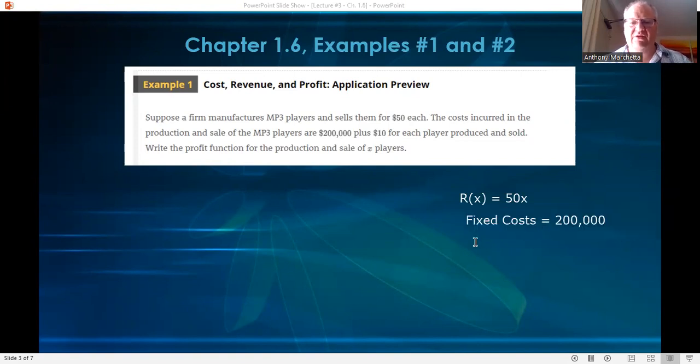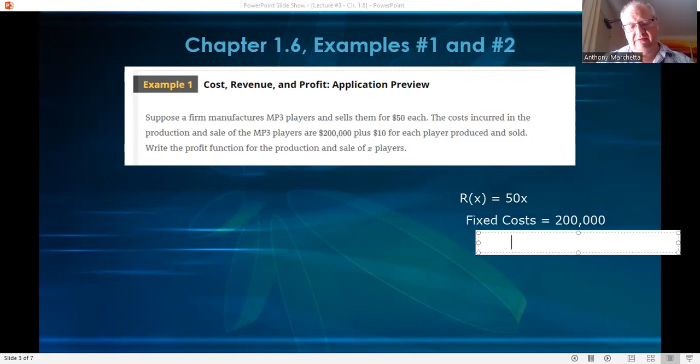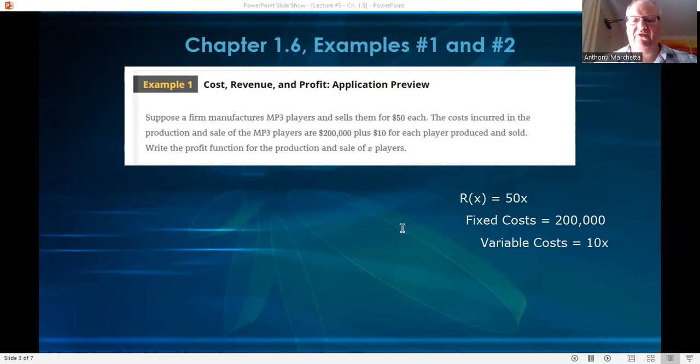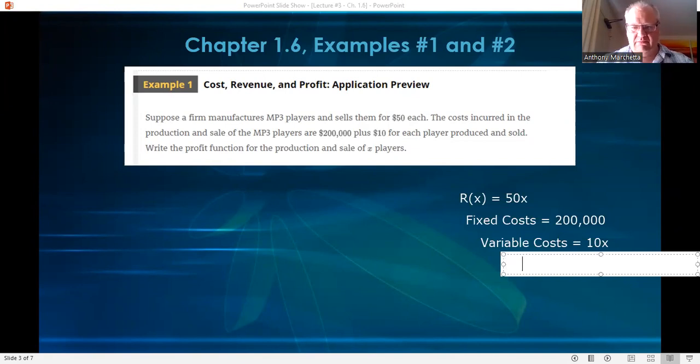Very good. And I'm also going to talk about how the variable costs are going to equal $10 times each item I'm creating, right? So that means the total cost function, which is the fixed costs plus the variable costs, is going to be 200,000 plus 10x.